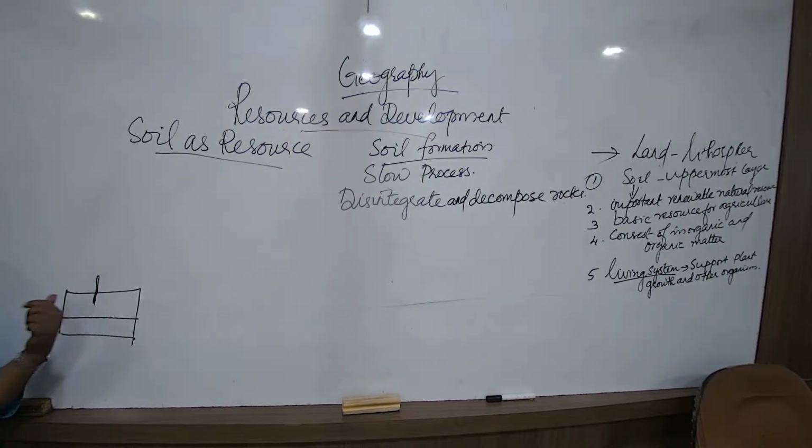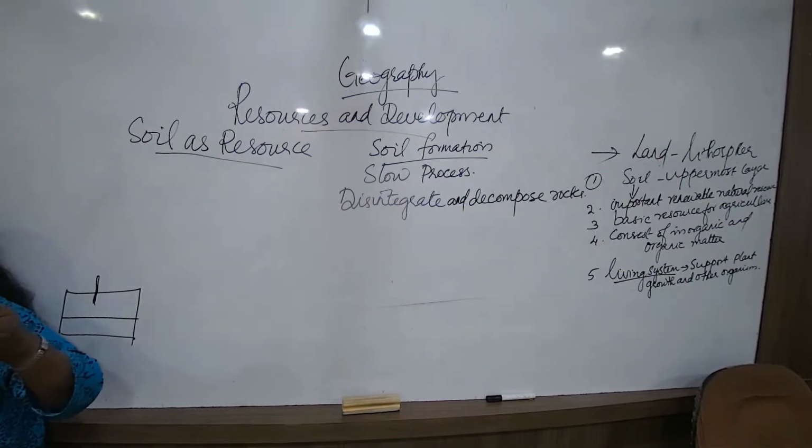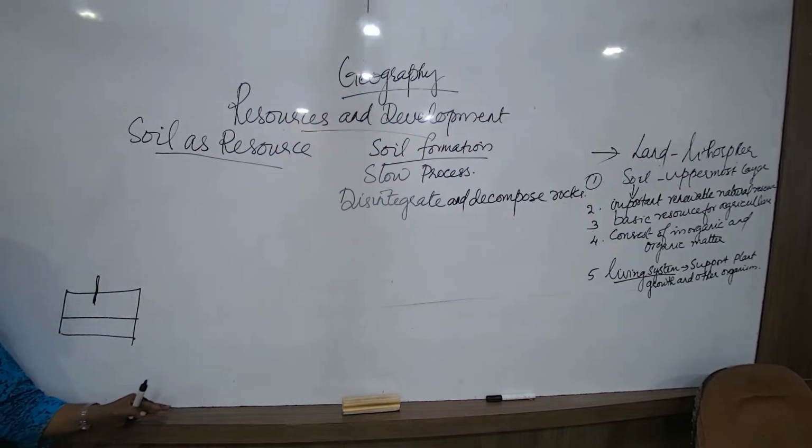This broken rock, what is happening? It is broken into big rocks only, but sidewise smaller particles are there. These smaller particles are lifted up, and the bigger particles again experience the same process.